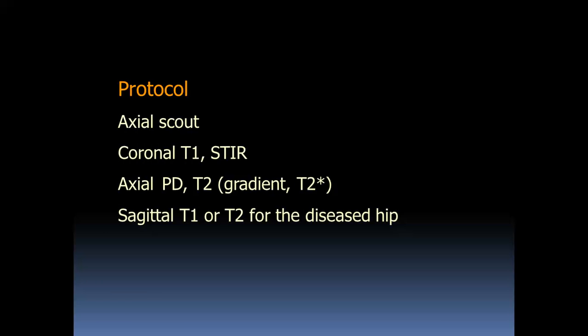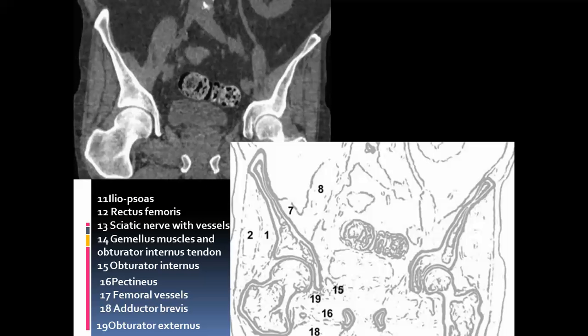In this one we show number 15, which is obturator internus, and number 19, which is obturator externus, internus and externus muscles.